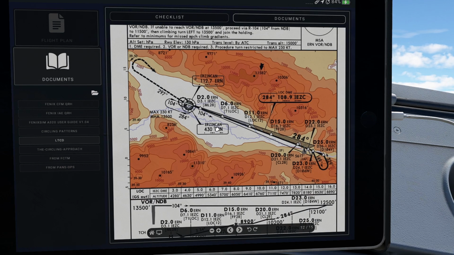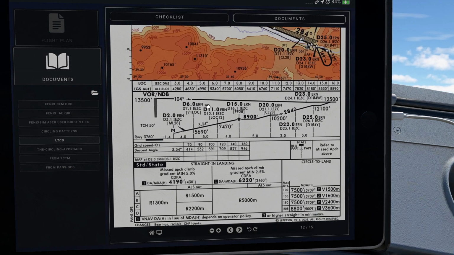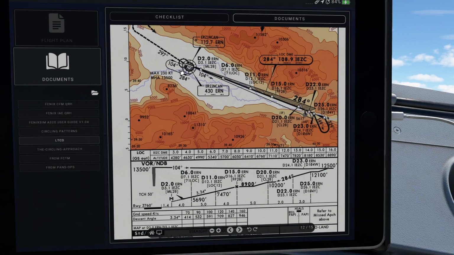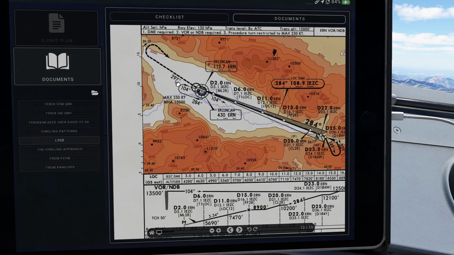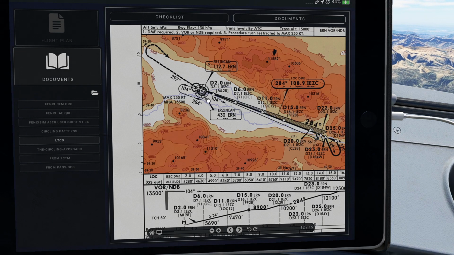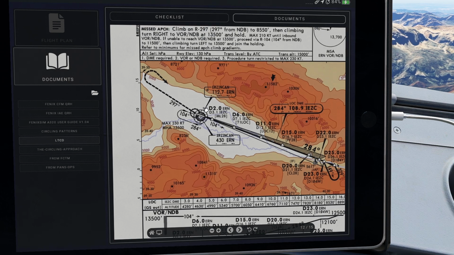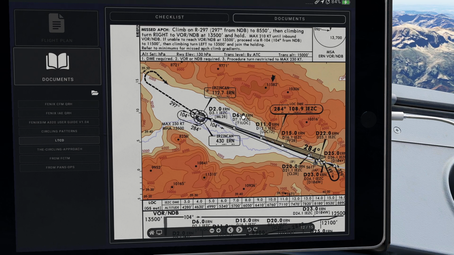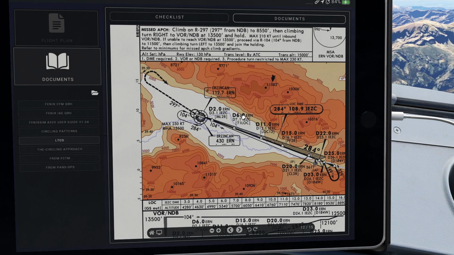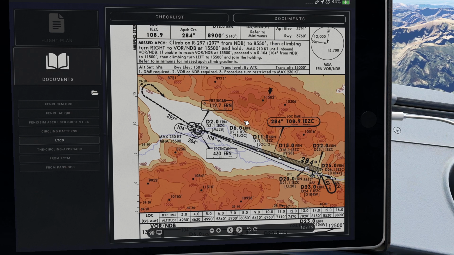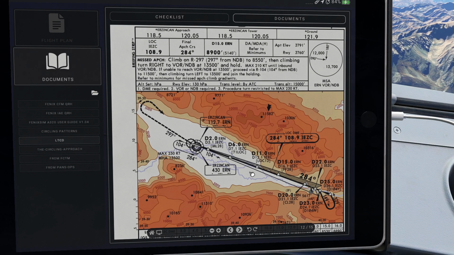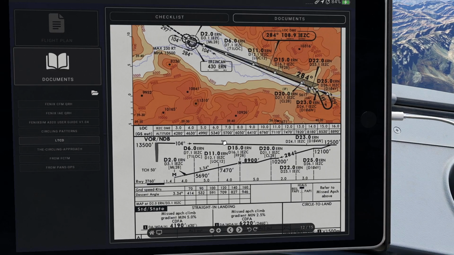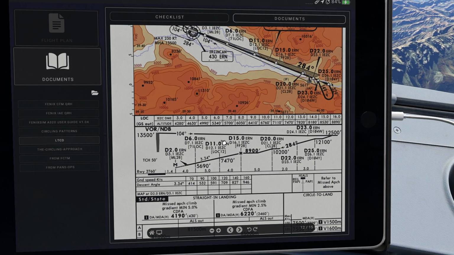If we want to return by going out of Echo Romeo November on radial 297, today the airport temperature is 30 degrees and the airport elevation is almost 3,800 feet, so the performance is limited, but not a lot.